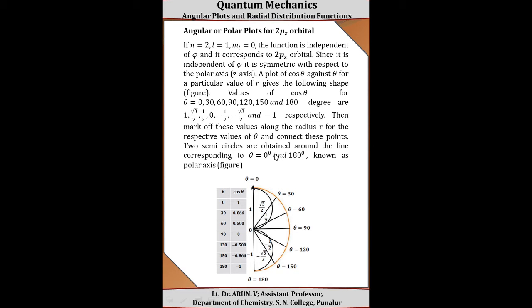Then we mark off these values along the radius r for the respective values of theta, and then connect these points. We get 2 semicircles around the line corresponding to theta equal to 0 and theta equal to 180 degree, and this axis is known as the polar axis.